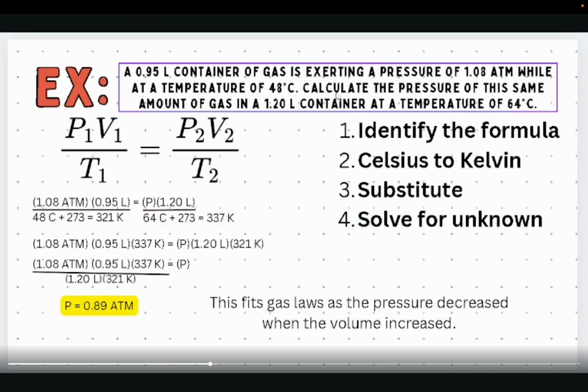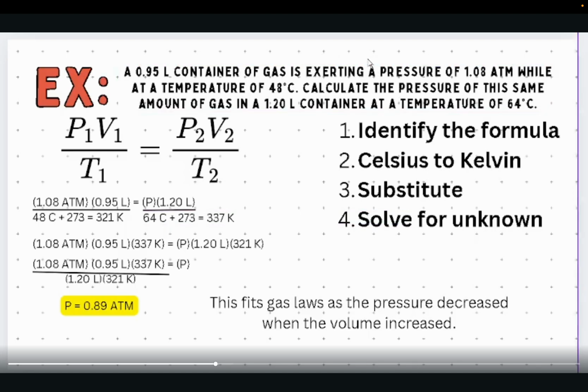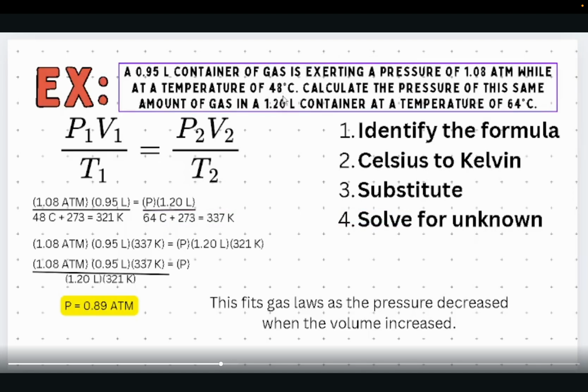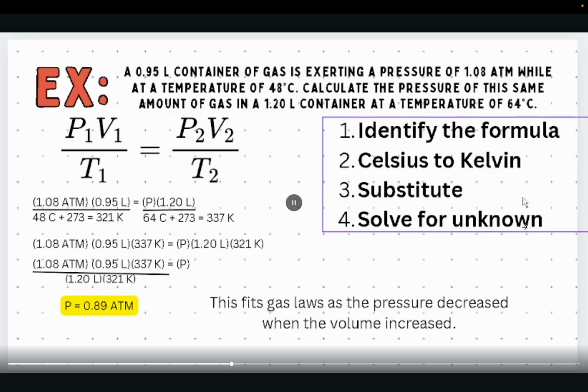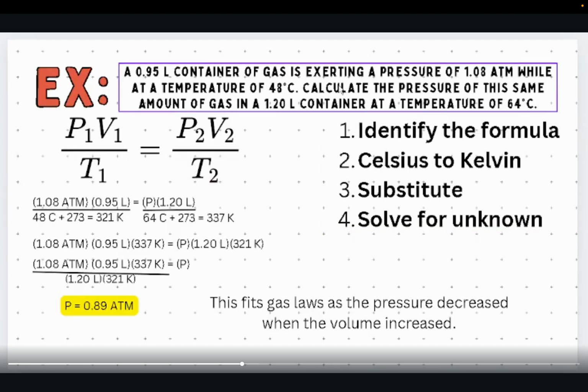Now the question is asking us to calculate the pressure of the same amount of gas in the container, which gives you the volume and the temperature. We've already converted the Celsius to Kelvin.